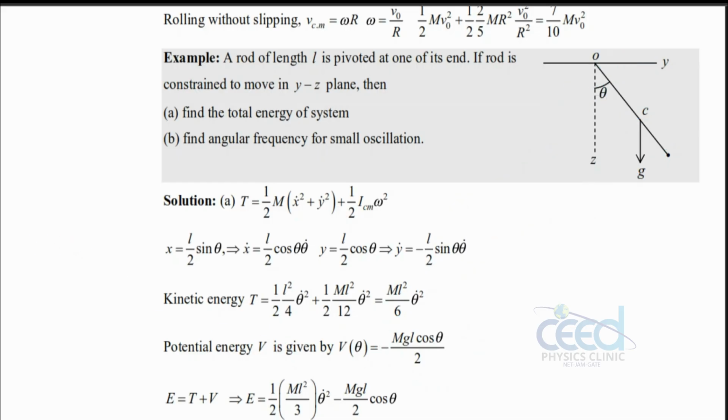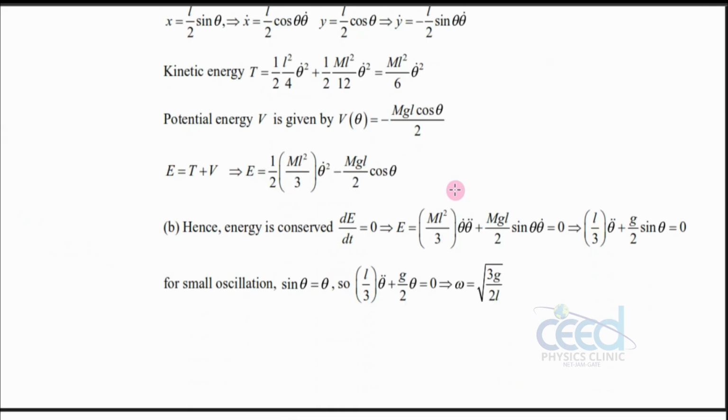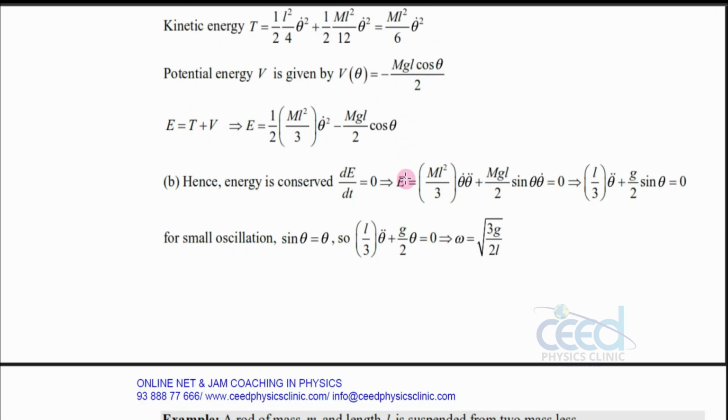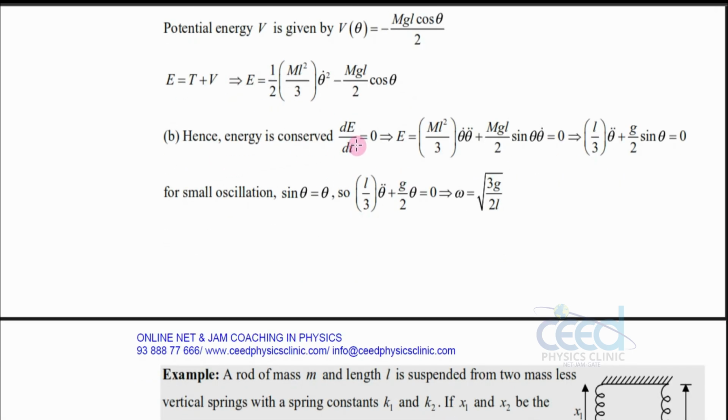Now total energy is equal to potential energy plus kinetic energy. Kinetic energy we solved, potential energy also we solved, then total energy is this. Now if energy is conserved, the derivative of this energy will be 0. Differentiating again, half m L square by 3 into theta dot square on differentiation gives 2 theta dot into theta double dot, that 2 and this 2 cancel.